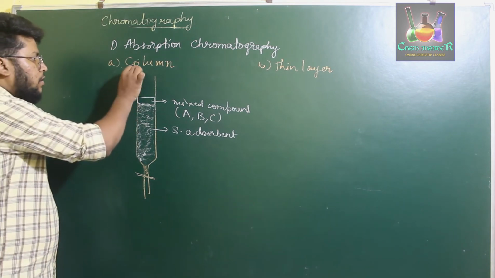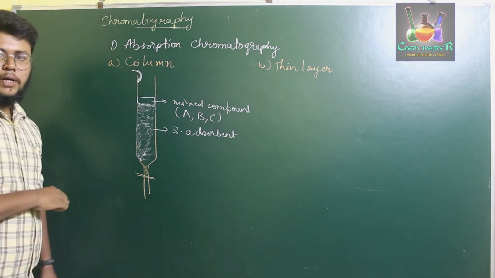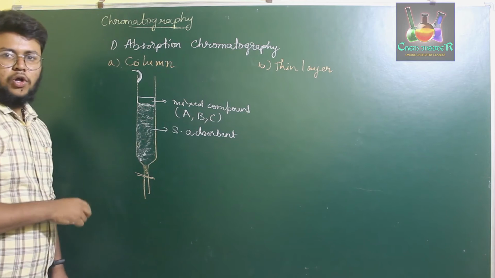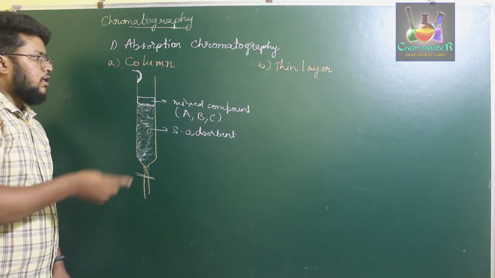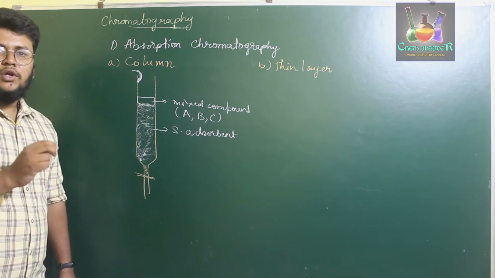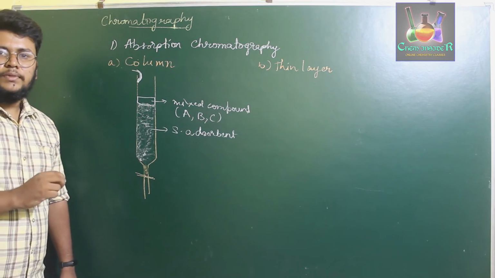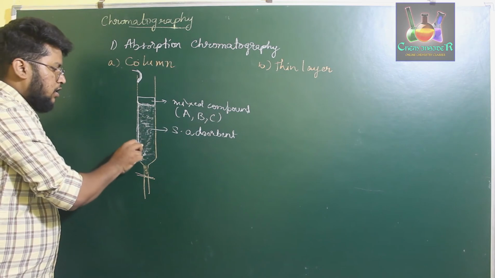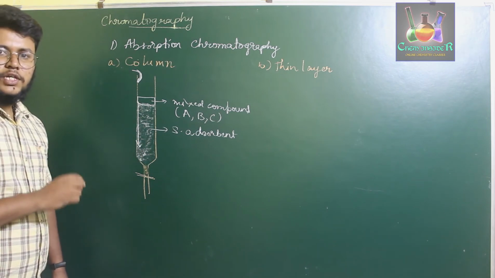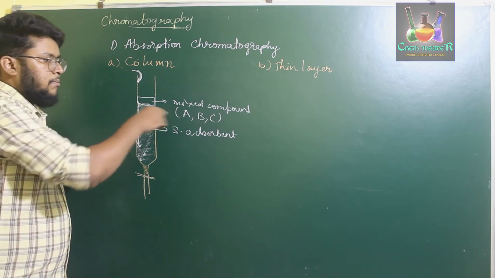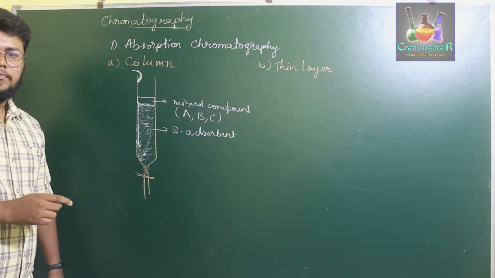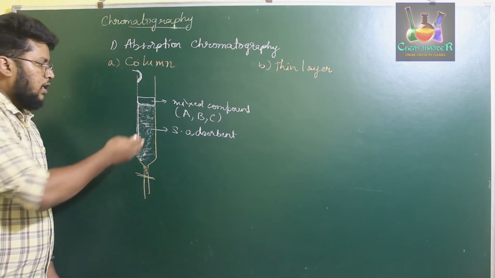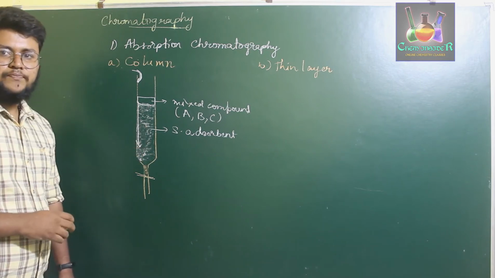So, once you add the mobile adsorbent, what we observe is A, B, C, all these three get adsorbed on the freshly added new adsorbent. This adsorbent flows through this particular stationary adsorbent in such a way that the mixed component ABC will be varying their adsorption process and will be collected in three different stages.